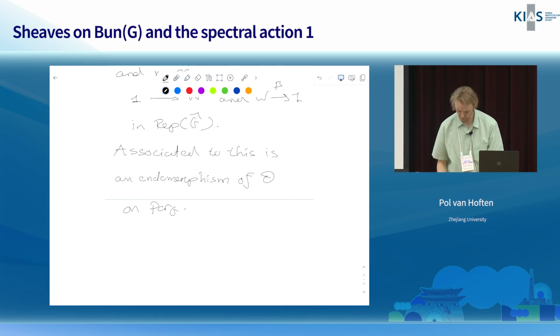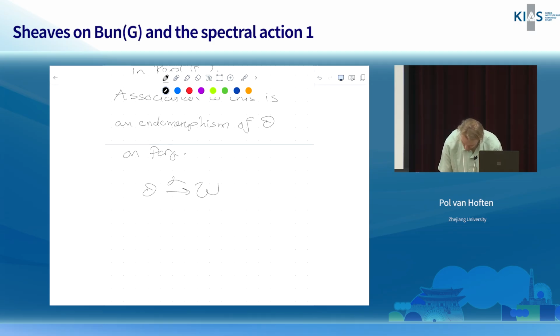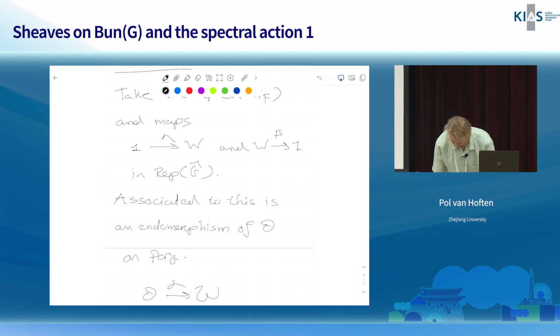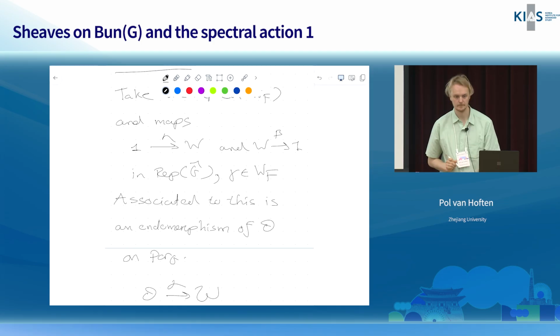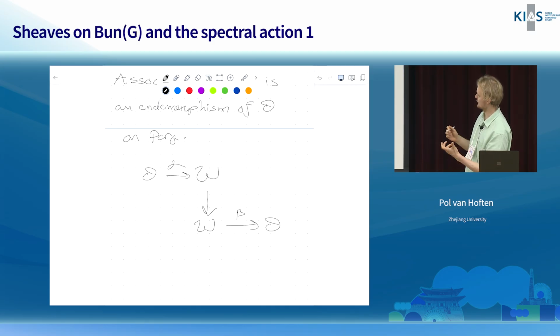So what am I going to do? Well, I get a morphism O to curly W, that's my alpha, and I have a morphism curly W to O, that's my beta. Sorry, I also have to choose some gamma in the Weil group. The nice thing about this W is that W has an action of the Weil group. So I can apply this gamma here.